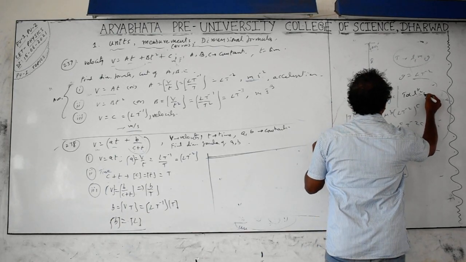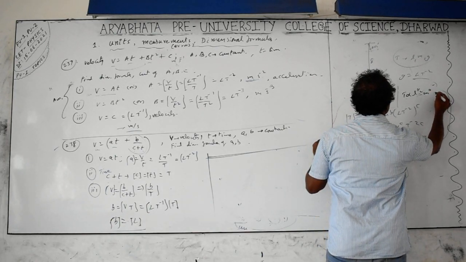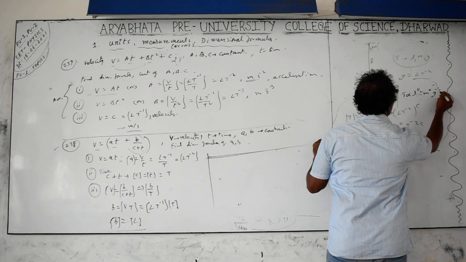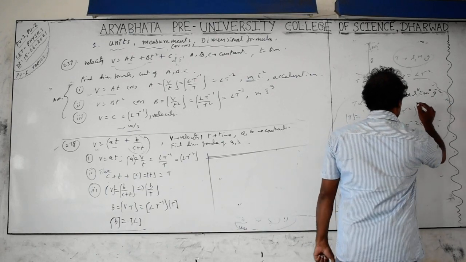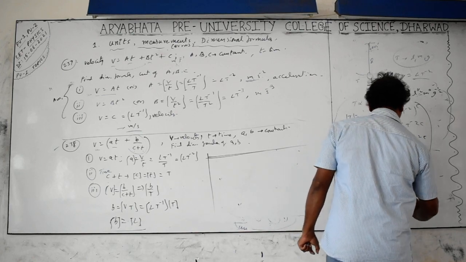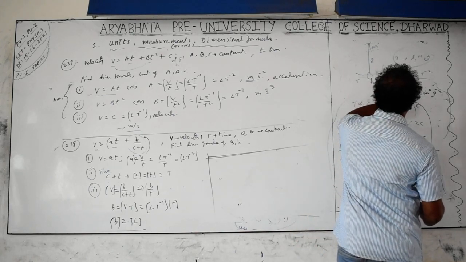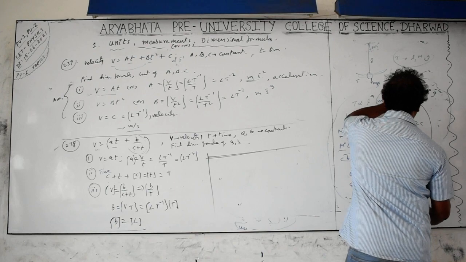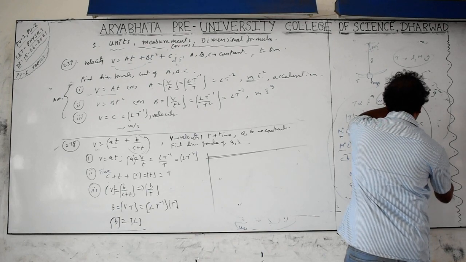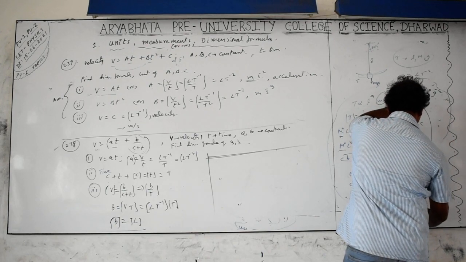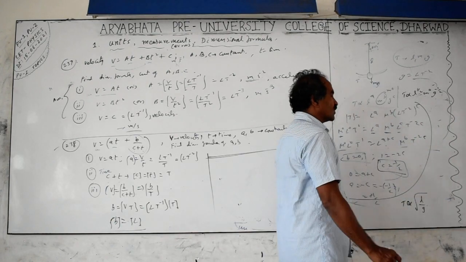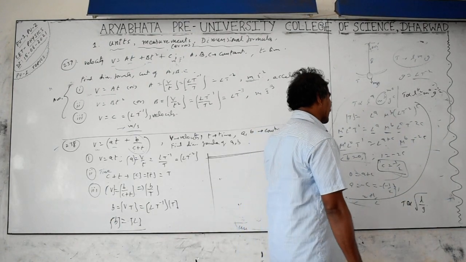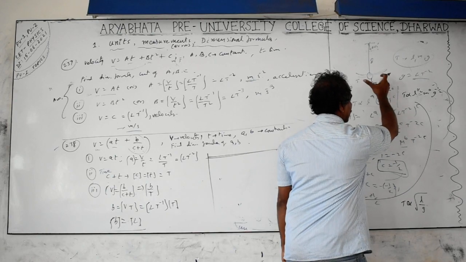So we get m to the power of 0 and g to the power of minus half. Minus half means 1 by root g. The result we get is that the time period T is proportional to root of L by g. M to the power of 0 is 1, so it is independent of mass. The time period depends only on length and acceleration due to gravity, not on the mass of the bob, whatever size you take.